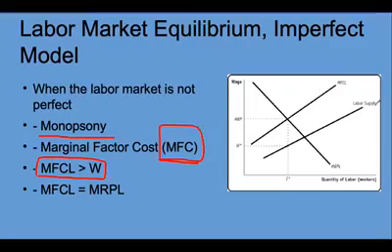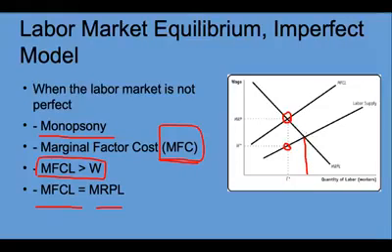It lies above the wage, above the supply curve. And the profit maximizing decision for hiring is where MFCL equals MRPL. So when the MFCL intersects MRPL, not the labor supply. And you can see the problem is the wage is much lower than in a perfect model. So they pay the wage here, but they hire less. You can see before it was like here, right? In a perfect market it will be this case, right?